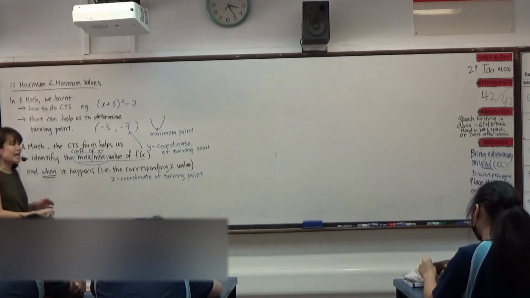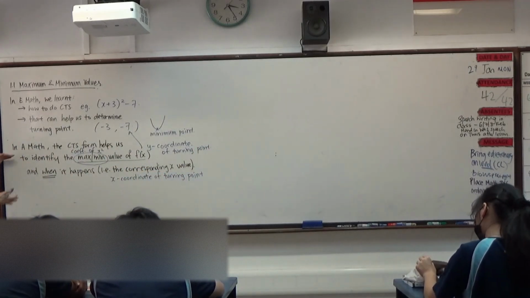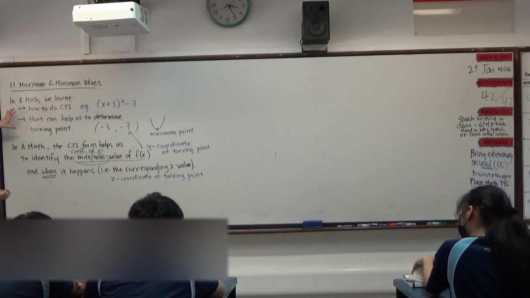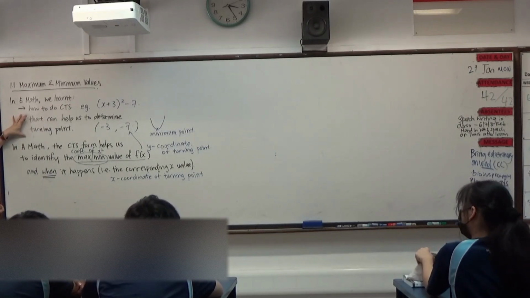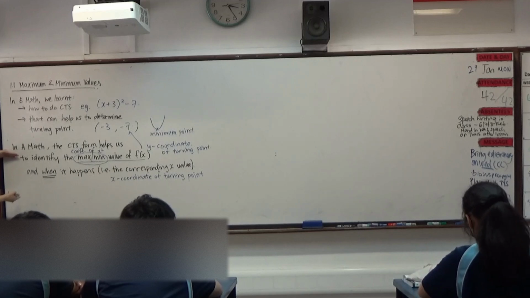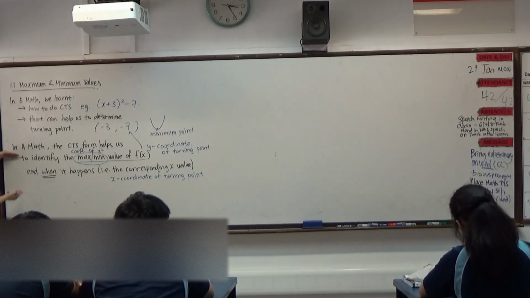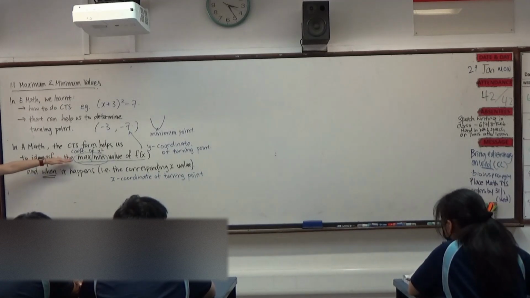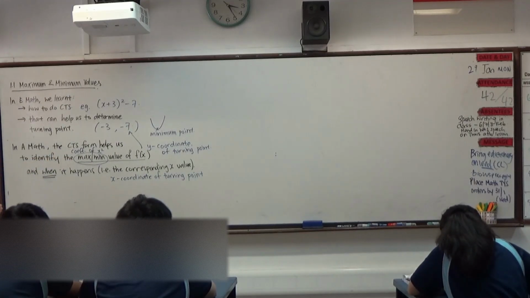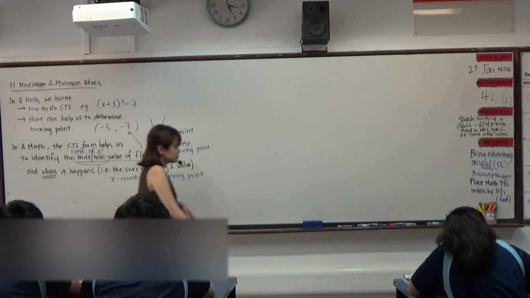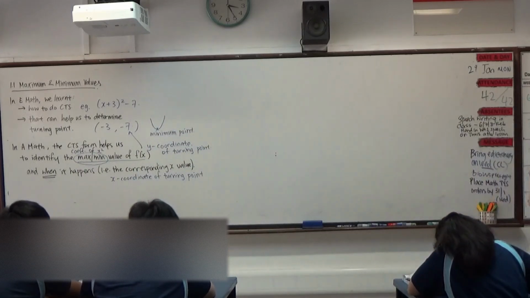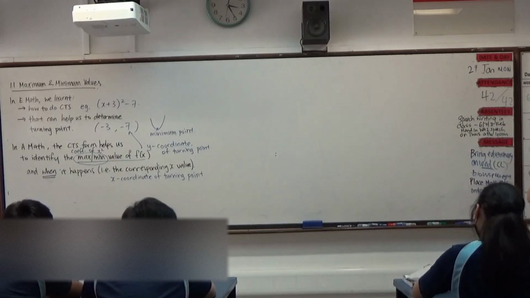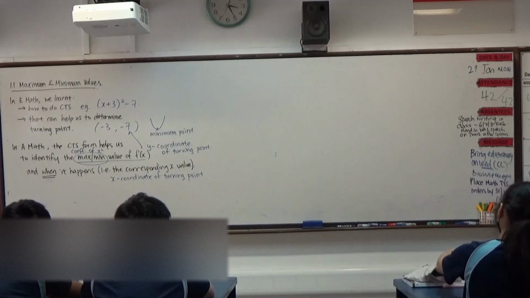So in A-Maths, they like to separate it out. Instead of asking you clearly for the coordinates of the turning point, they ask you for the x value and also for the y value individually. They are asking the same thing, just a separate way of phrasing. That is the difference, and you must be able to interchange between these two concepts.